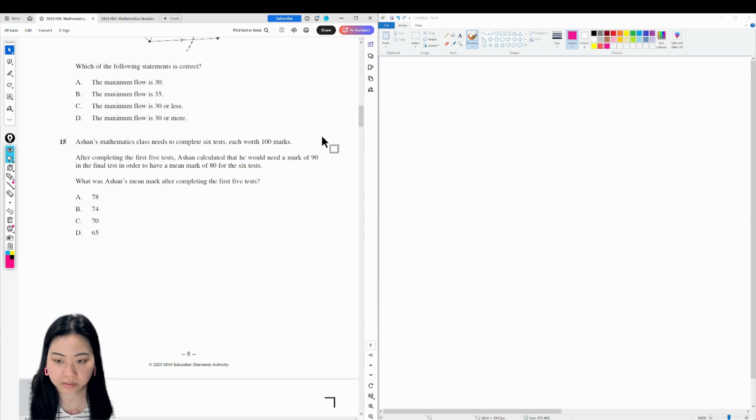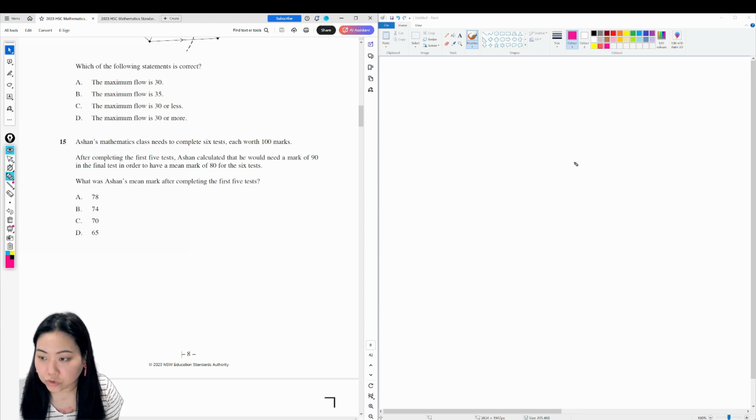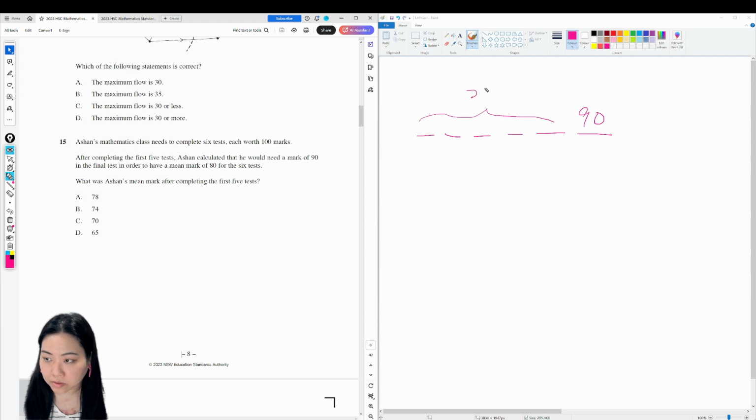Ooh, this is very loaded. Let's draw this out. He's done 5 tests. And so far, out of 100, he's saying he needs 90 on his 6th test to have an average of 80. Okay. So whatever, I'm going to call this x. Whatever he got plus 90, divided by 6, is 80.